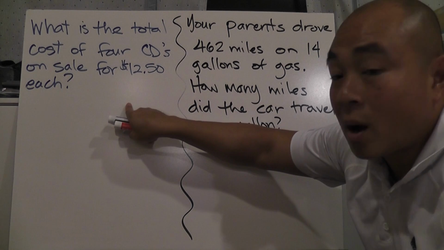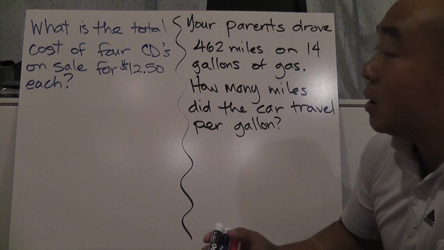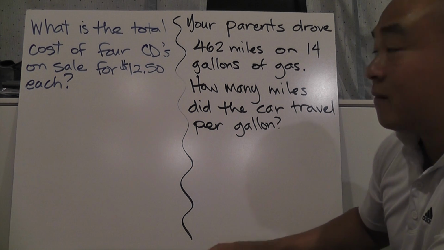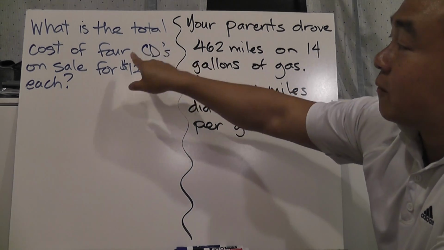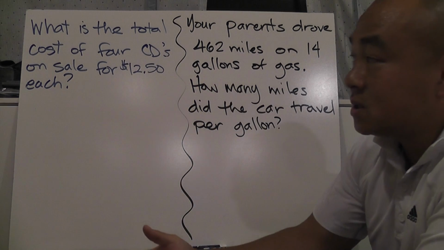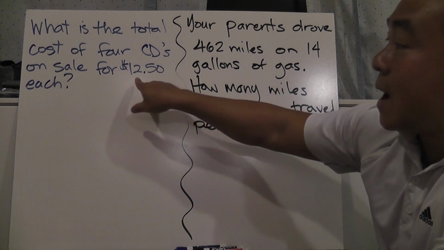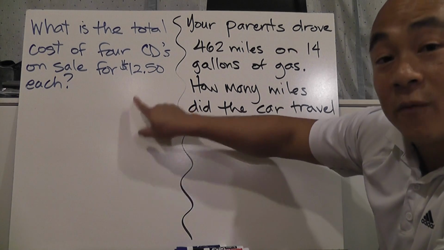Here we have another problem. What is the total cost of 4 CDs on sale for $12.50 each? So we have here a problem where each CD is $12.50, and we're looking for 4 of them. Now, you can do this in an addition way, adding $12.50 plus $12.50 plus $12.50 plus $12.50, 4 times.